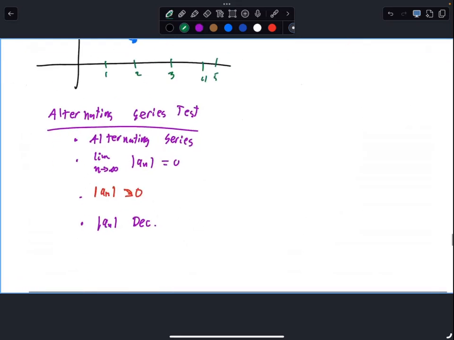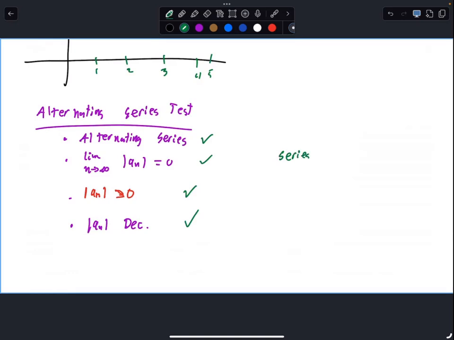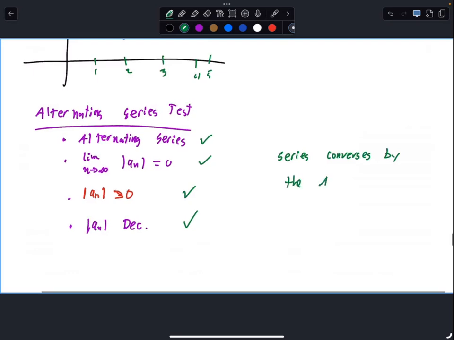If all of these are true, then the series converges by the alternating series test. Yes? What's the purpose of the third condition?